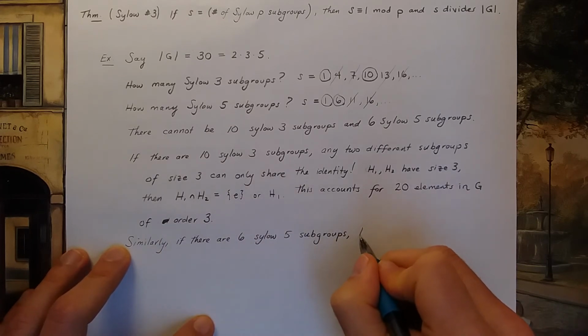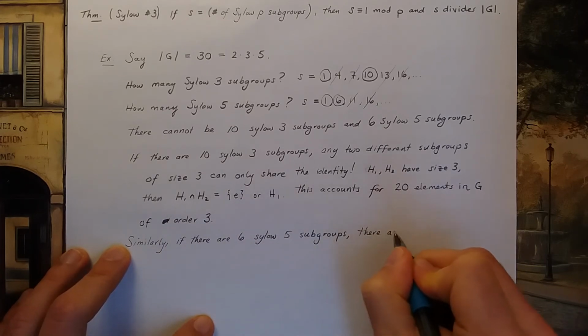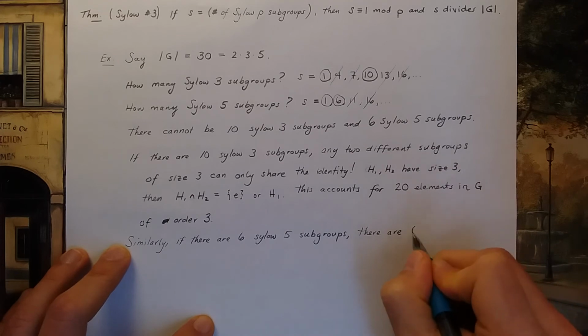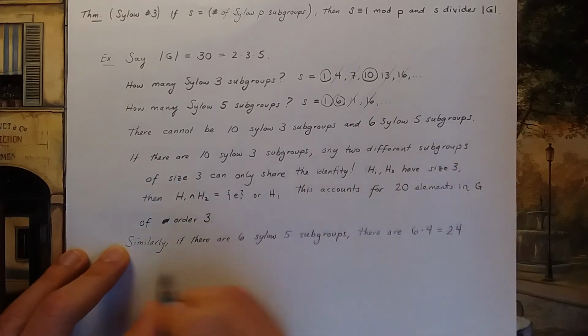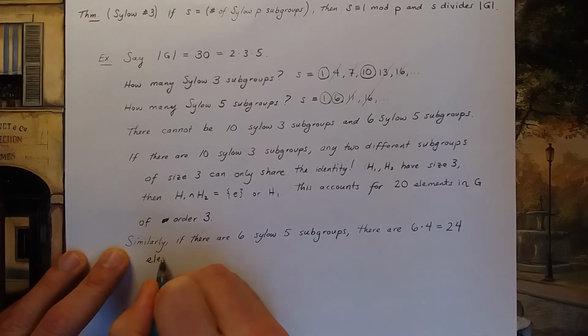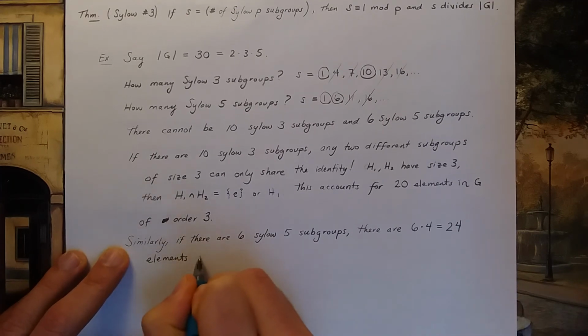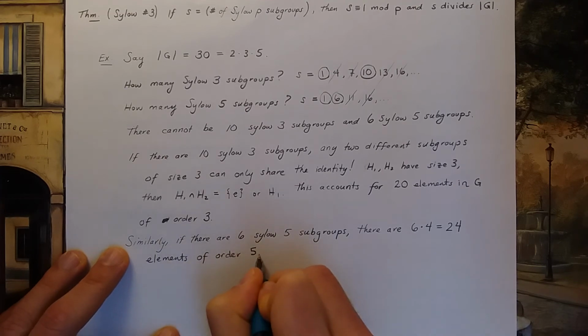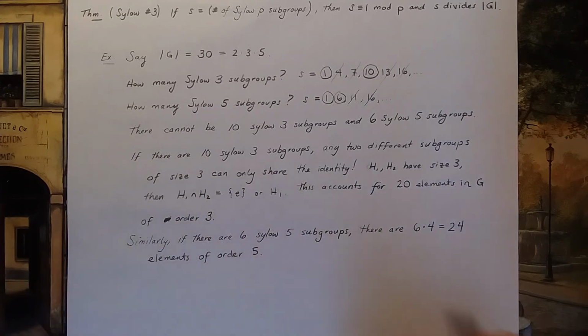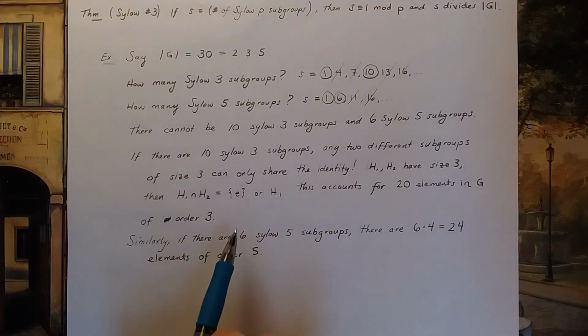That would mean there are 6 times 4, which is 24, elements of order 5. What that means is that this can't happen.